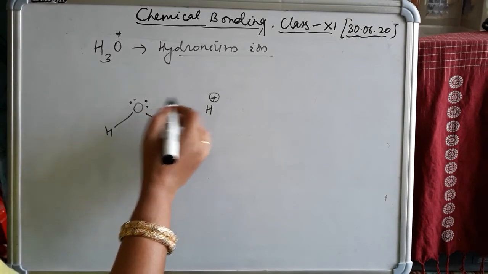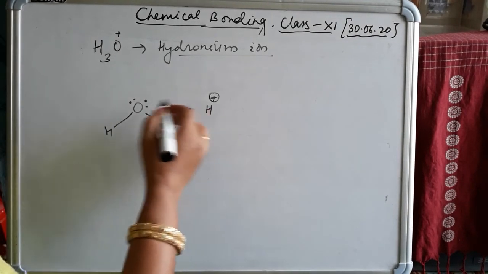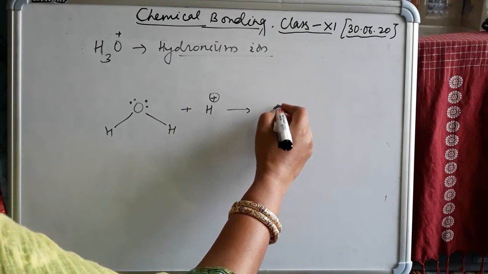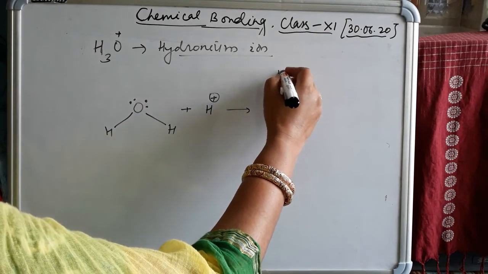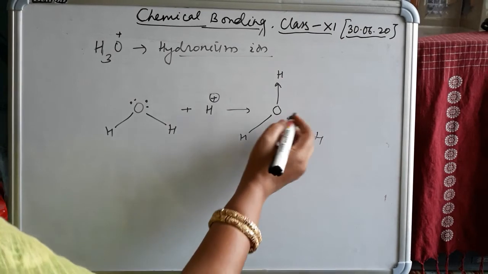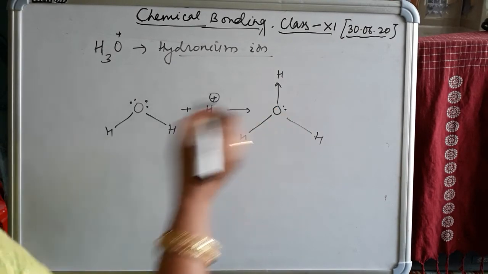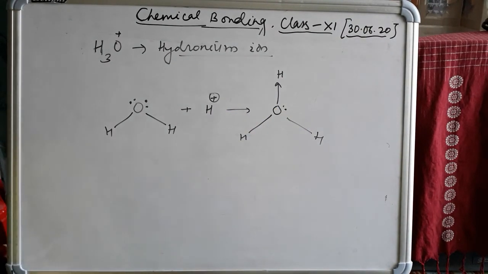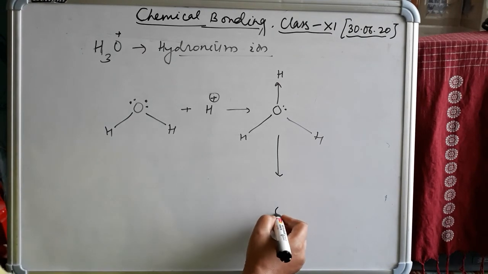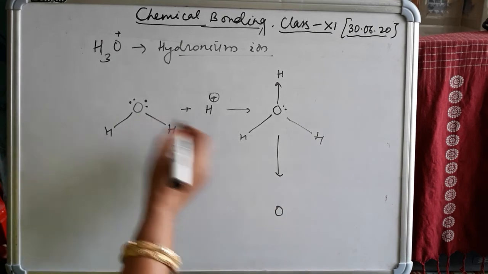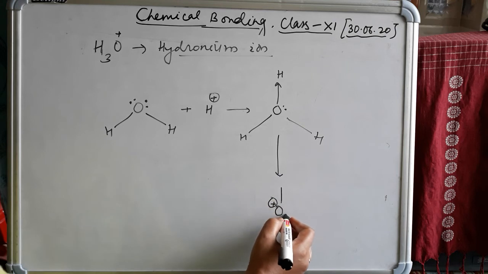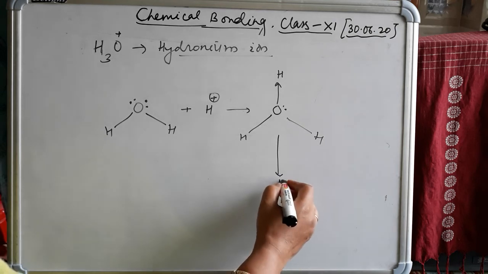So water donates a lone pair of electrons to the proton. In that way, a coordinate bond is formed with one hydrogen and two single covalent bonds with the other hydrogens, and one lone pair still remains on the oxygen. As oxygen donates the electron pair, a positive charge appears on the oxygen.